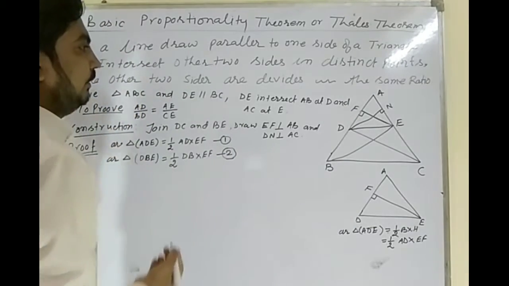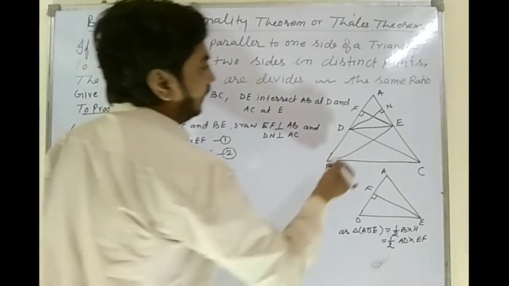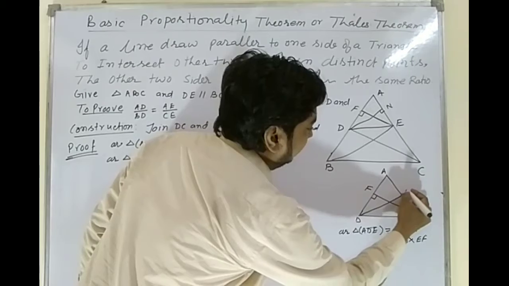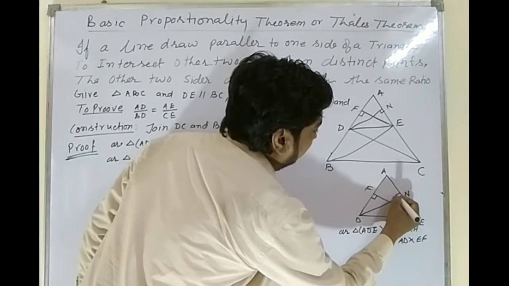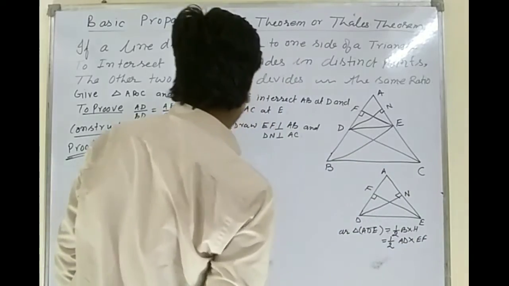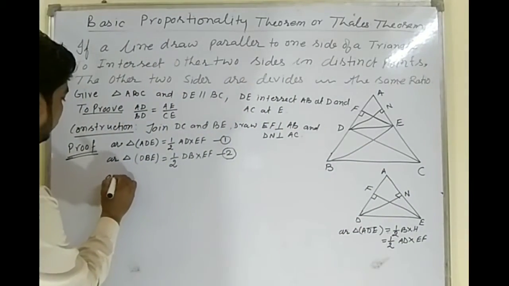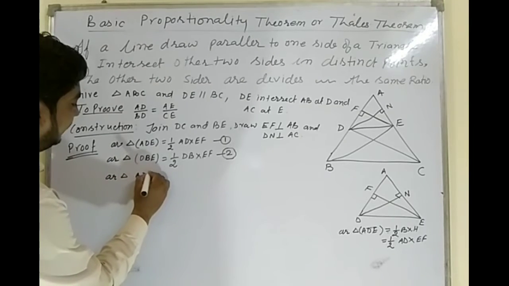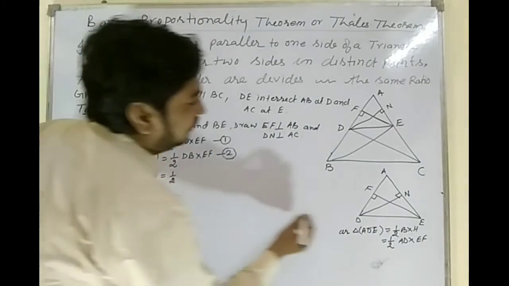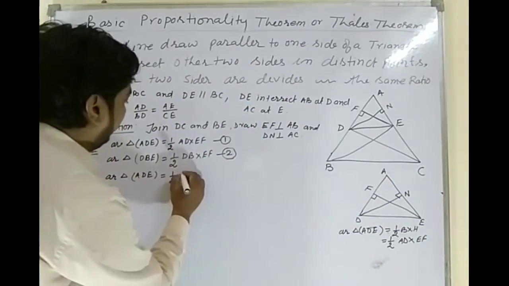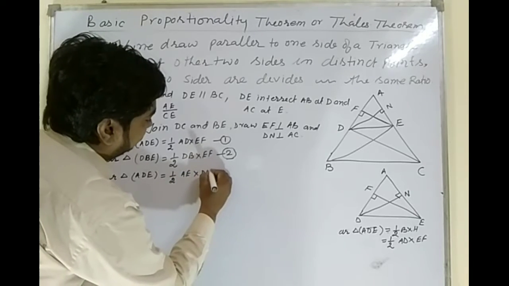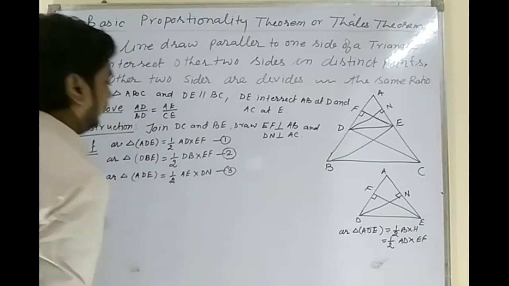Now we will come again to triangle ADE and consider DN. DN is the perpendicular and AE is the base. So area of triangle ADE is 1 by 2 base AE and height DN. Equation 3.